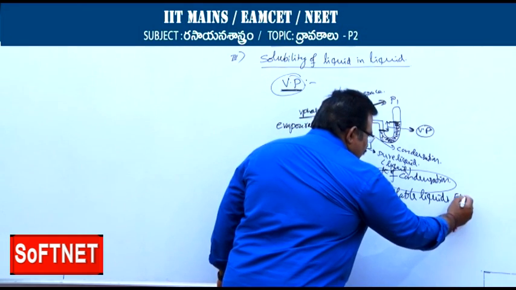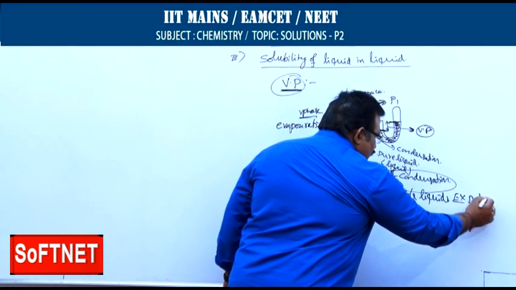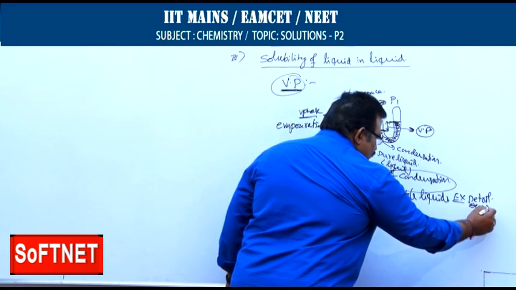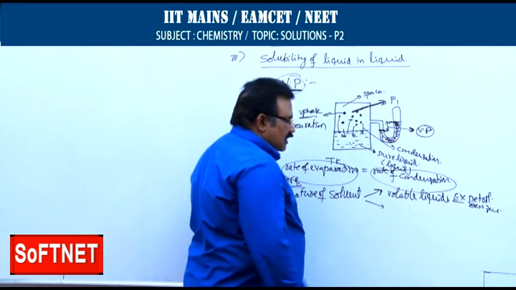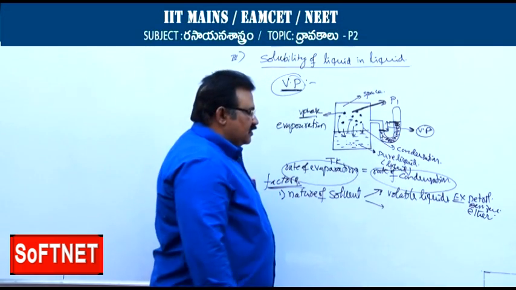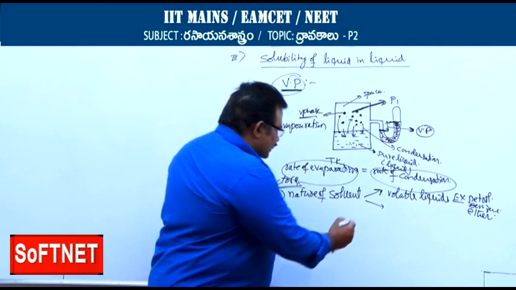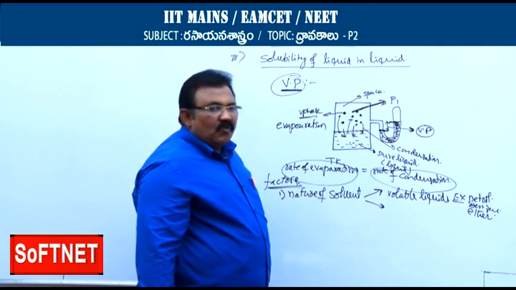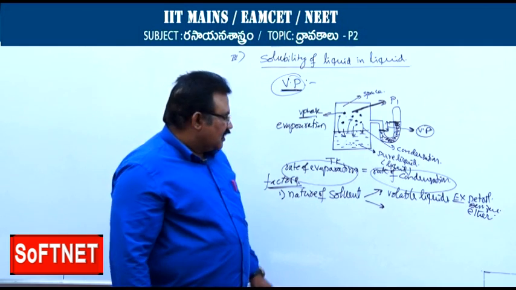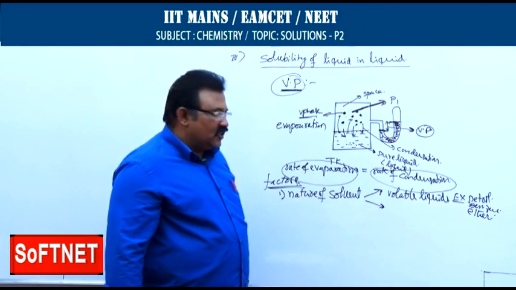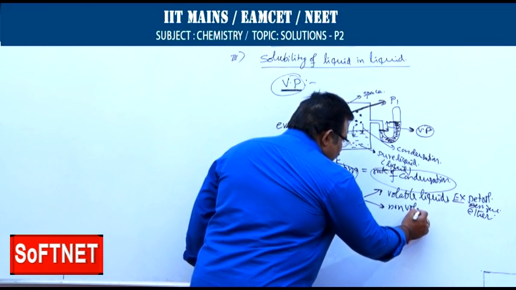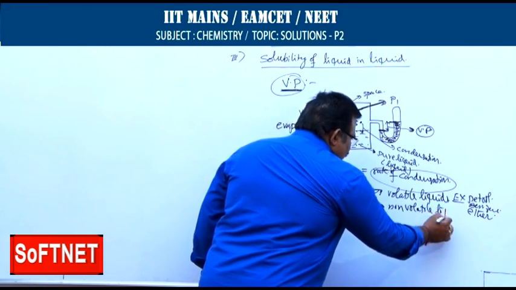Examples: petrol, benzene, ether. They are volatile liquids. The liquids which give less vapor pressure at that same temperature are called non-volatile liquids.